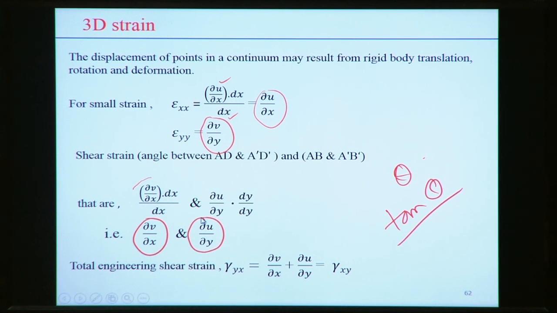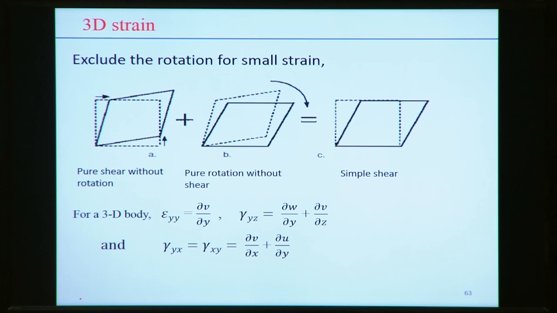So total angular deformation we can say is the shear strain, that is dou v by dou x plus dou u by dou y, and due to the symmetric nature we can find out gamma yx equal to gamma xy. So these are the elementary shear strain we can find out.